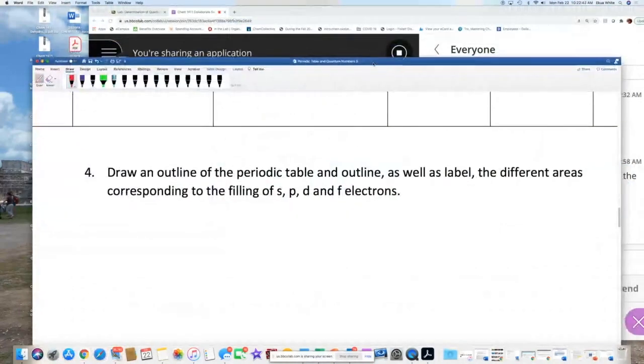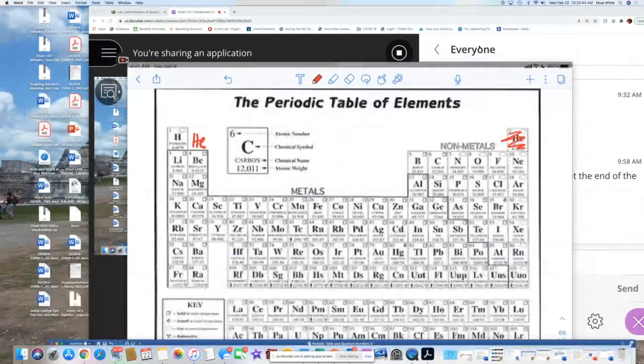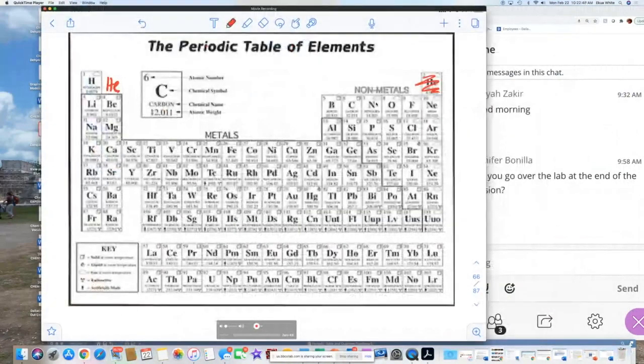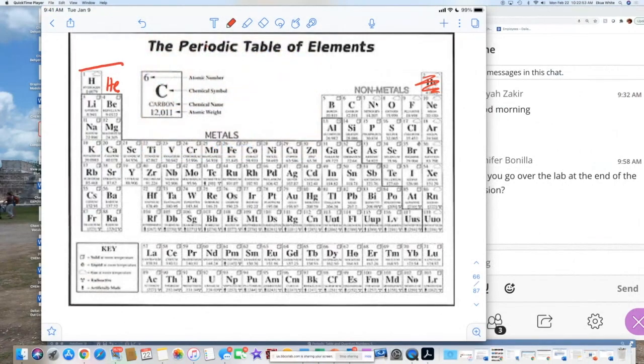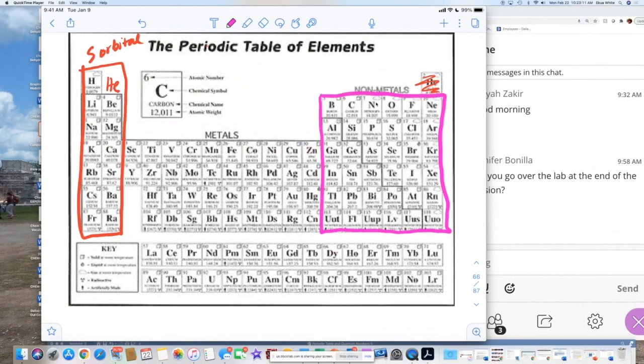You don't have to use a real periodic table. You can just draw it out. So for number 4, I'm going to outline. I'll start with this one here. This block I am blocking out in the periodic table. All these elements here, their last electron is in the s orbital. I'm going to use a different color for P. This right here, except for helium, these are all p orbital electrons. Now they haven't asked me for energy level yet.